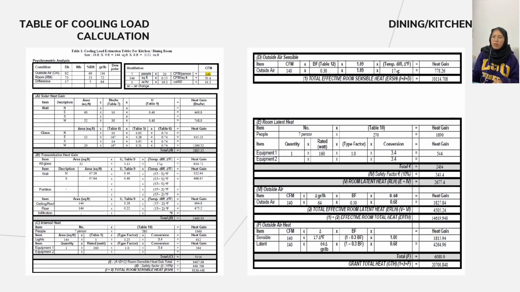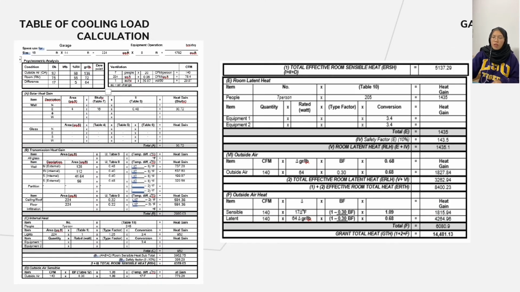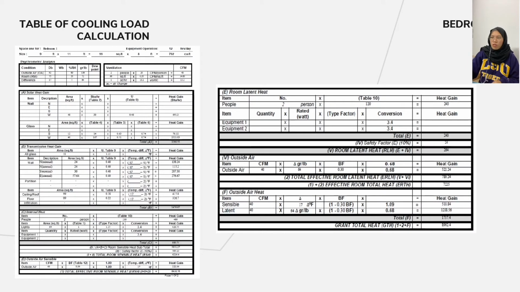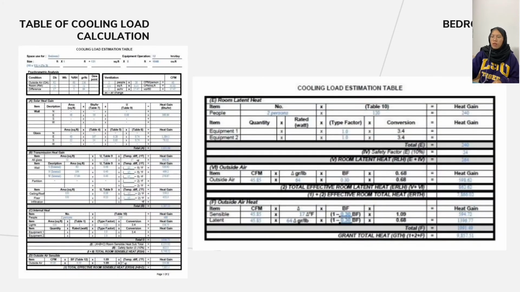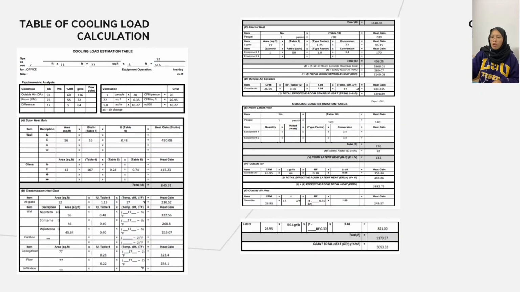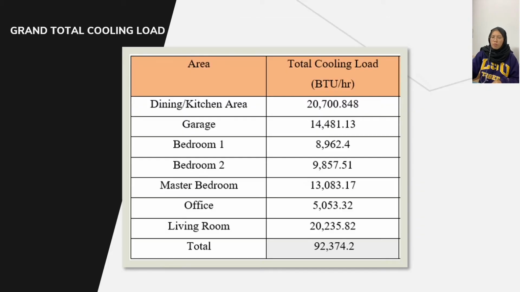So as you can see in this slide, the first table of the cooling load estimation is the dining and kitchen area. Next is the garage, the bedroom 1, living room, the second bedroom, the office, the master bedroom. Now is the grand total cooling load.